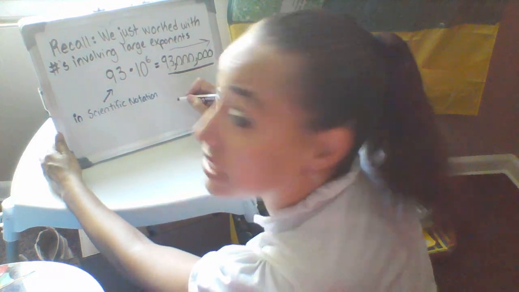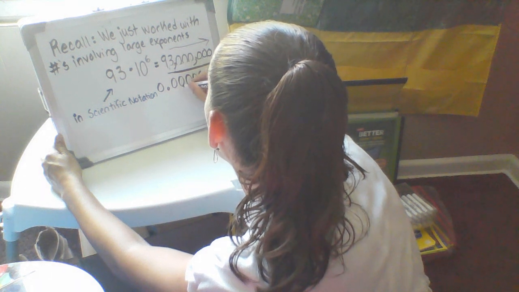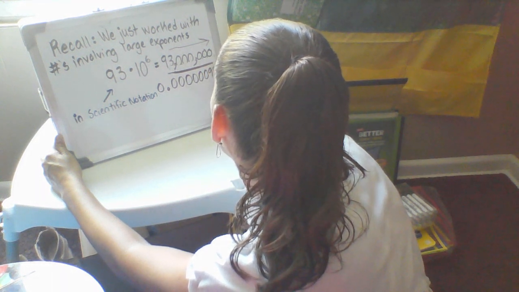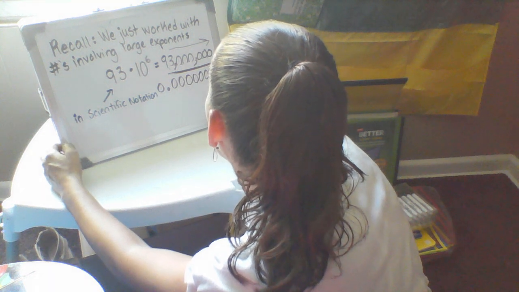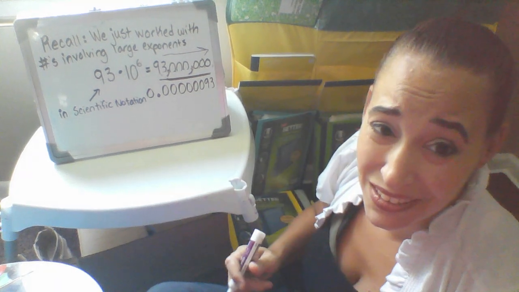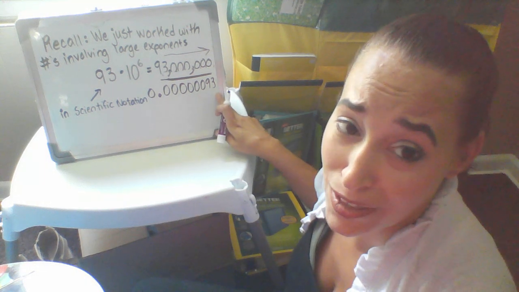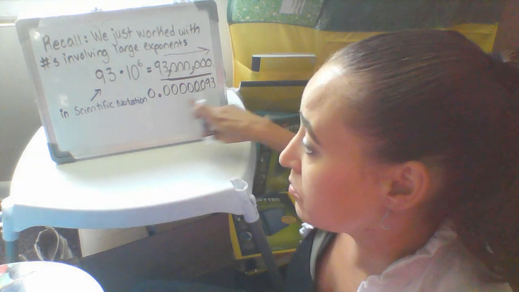Say the number looked like that. So it's not a big number, it's a really tiny number. If it's a really tiny number, I know my exponent, instead of being positive, is going to be negative.